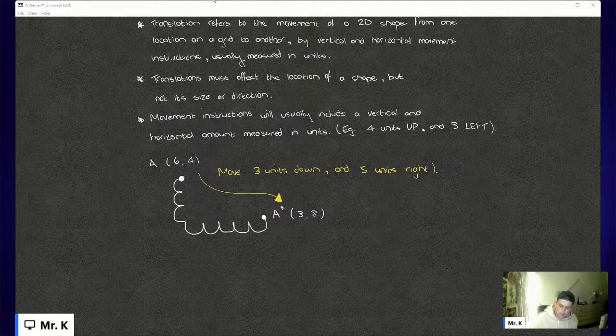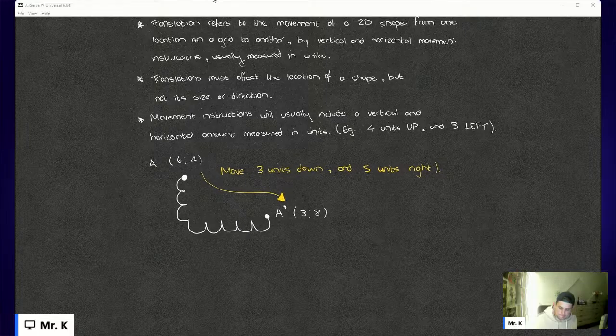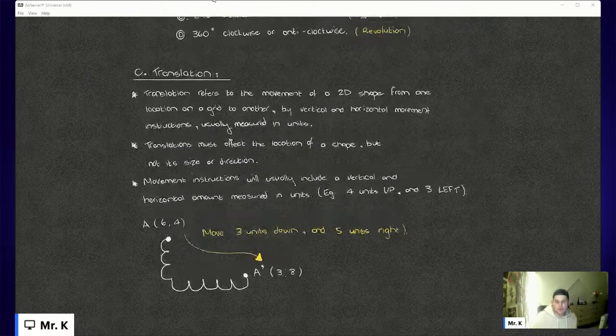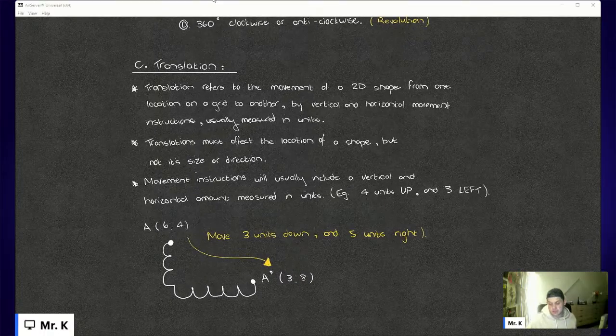Right. So quickly take a second to copy that down as well, guys. And once we are done with this, we will look at the very final kind of transformation, which is called dilation.